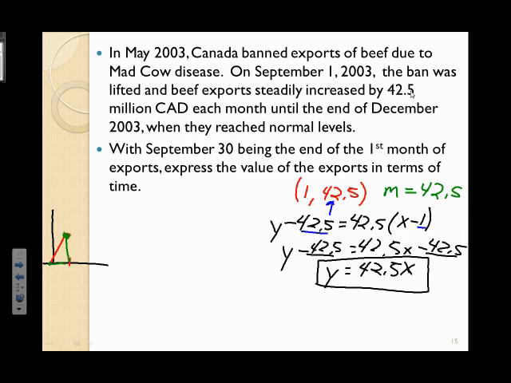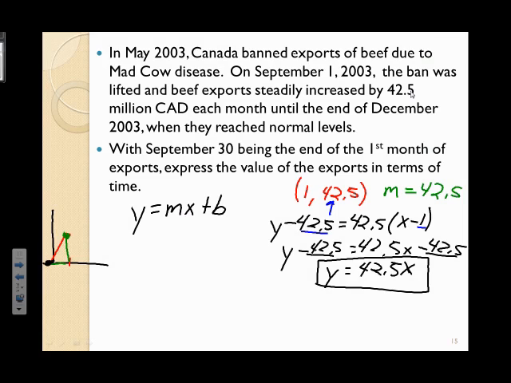Now, this worked well using the point slope form, but had we used the slope intercept form, it may have been even easier. The slope intercept, of course, is y equals mx plus b. And if we look at the problem, we realize that the y-intercept, we even drew it over here, is down here at 0. But we realize 0 represents before the exports were lifted.